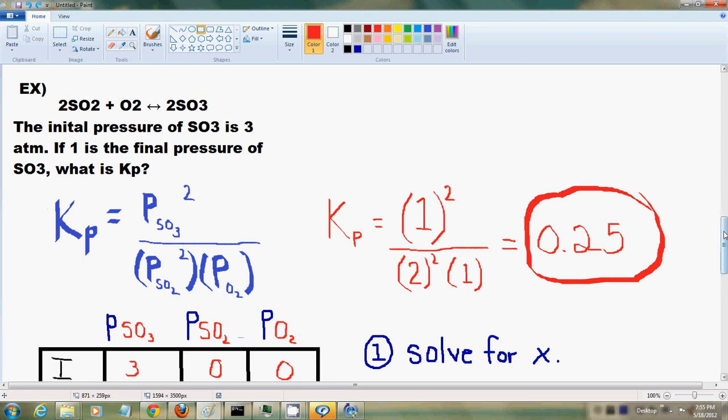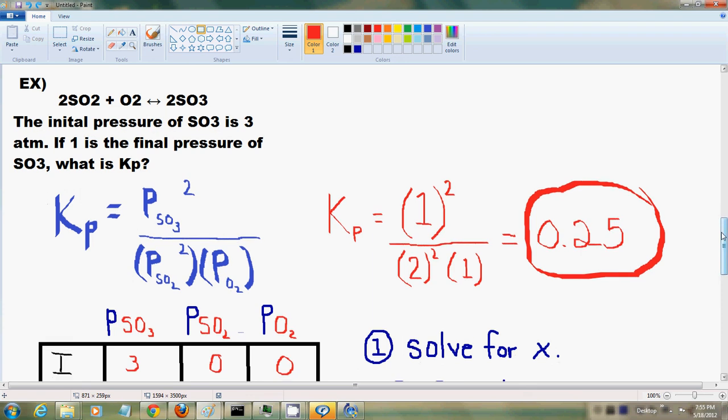Now, let's move on to what we're trying to find. Again, we're trying to find the partial pressures of these things at equilibrium, but we're given the initial pressure of sulfur trioxide and the equilibrium pressure of sulfur trioxide. We don't know the equilibrium pressures of our reactants, so we're going to use an ice table.